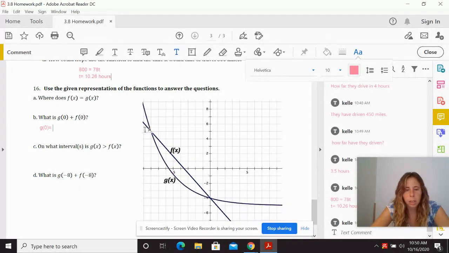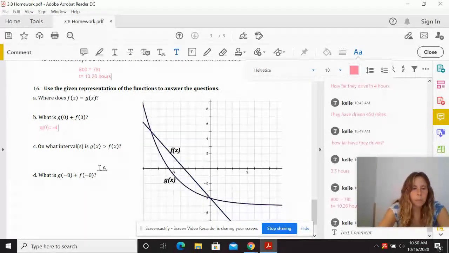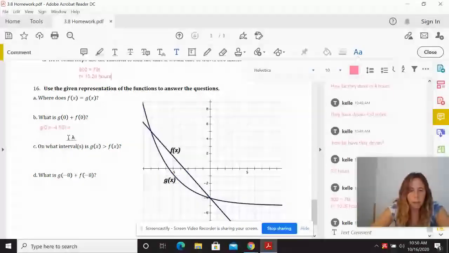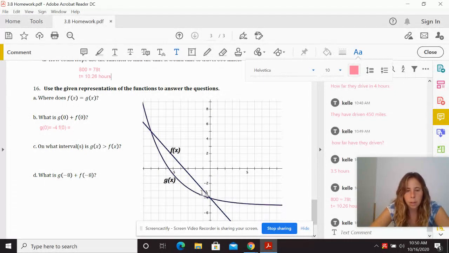And we're looking at the g of x line. So when x equals 0, it's -4. Okay, f of 0. So now we're looking at the other line. When x equals 0, it's also -4. So what is g of 0 plus f of 0, -4 plus -4? -8.